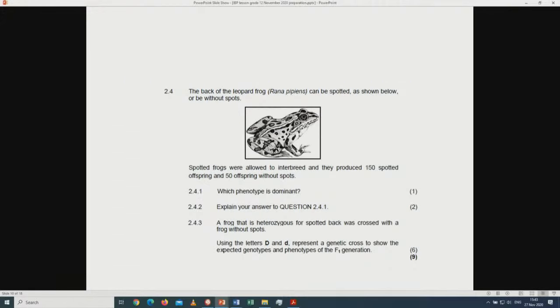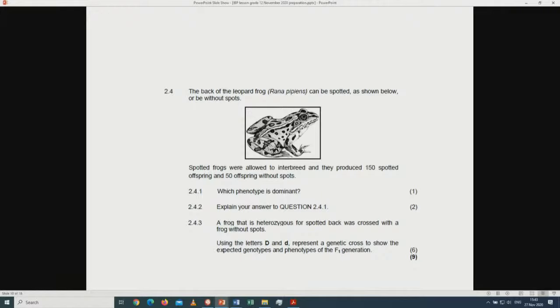Let's go to another question there. The back of a leopard frog can be spotted as shown or be without spots. The spotted frogs are allowed to interbreed and they produced 150 spotted offspring and 50 offspring without spots.